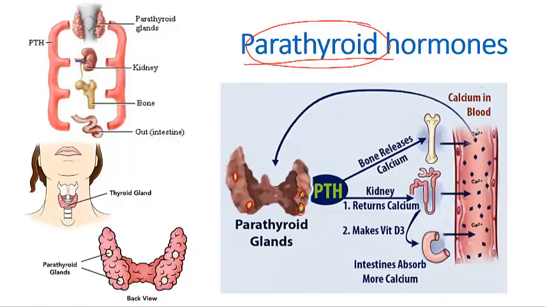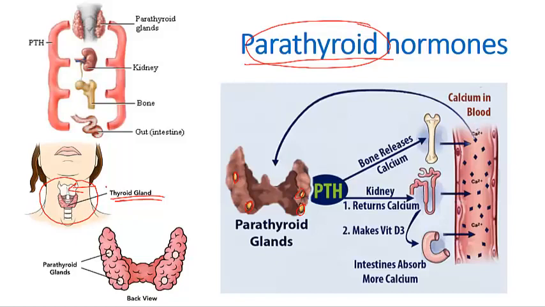You can see these are very tiny compared to the actual structure of the thyroid gland, and this is the position of the thyroid gland near the voice box that we talked about earlier. But the parathyroids are very tiny glands, in multiples of 2, so there are 4 different parathyroid components present in this thyroid gland location.